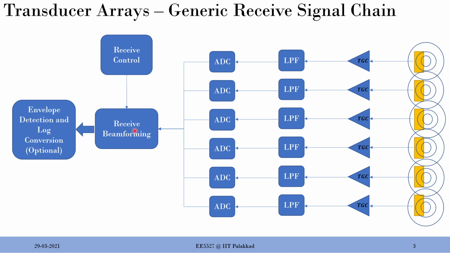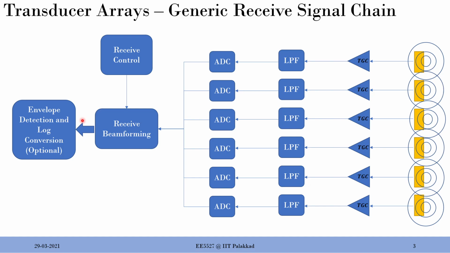Most of the time after the beamforming, the signal content will remain something like the transmit frequency. Let's say you're sending a wave at 2 megahertz. That 2 megahertz signal is a damped sinusoid. You might remember why we damp it: basically to limit the duration of the pulse, so that we can do imaging.